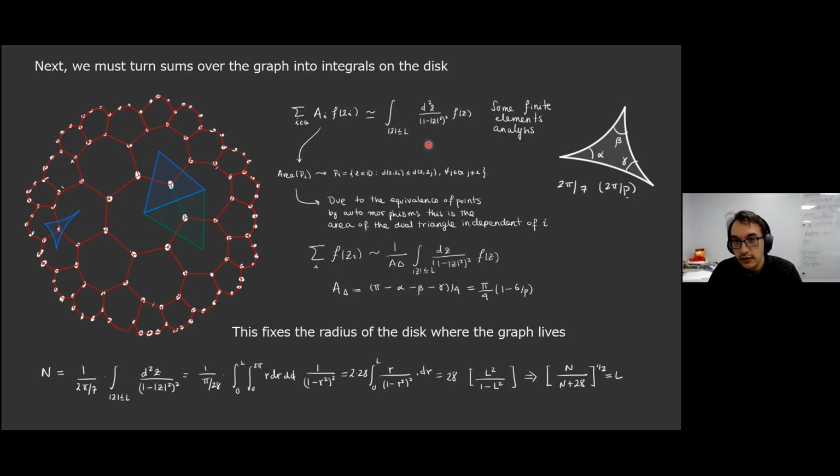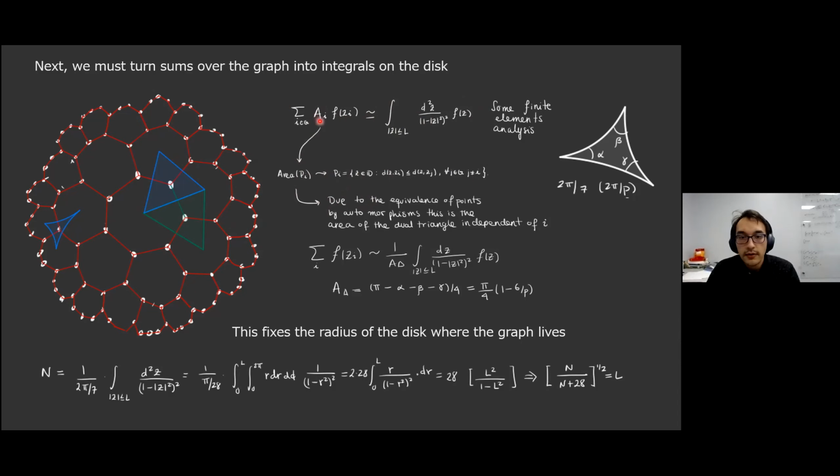Basically, you take this integral and break it down into a sum where A is the area of the dual of this triangle, which makes up the dual graph for this graph, and which itself is another tessellation of the space. What you can show is that this sum is close to this integral.